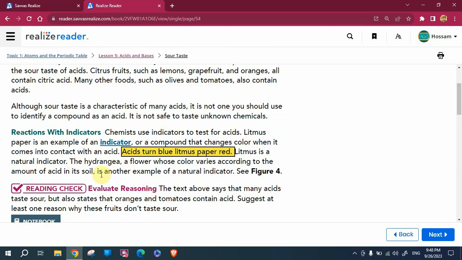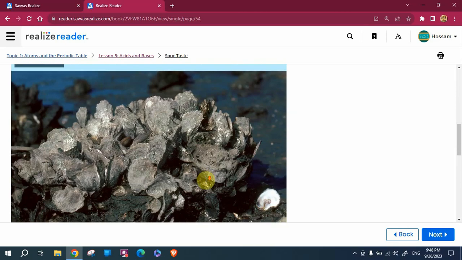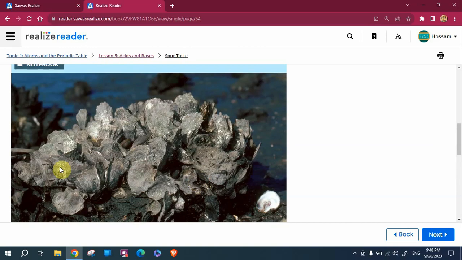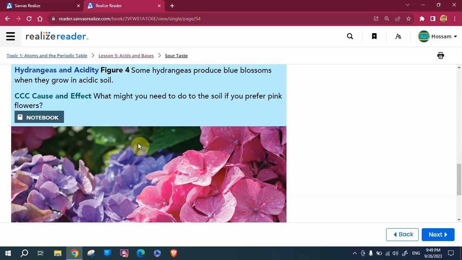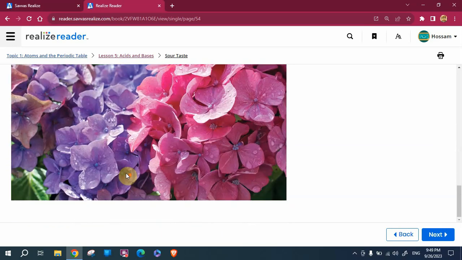The hydrangea is a flower whose color varies according to the amount of acid in the soil. It is another example of a natural indicator. This is the picture we talked about on the previous page, and these are the flowers. The color of their leaves changes according to the acidity of the soil.